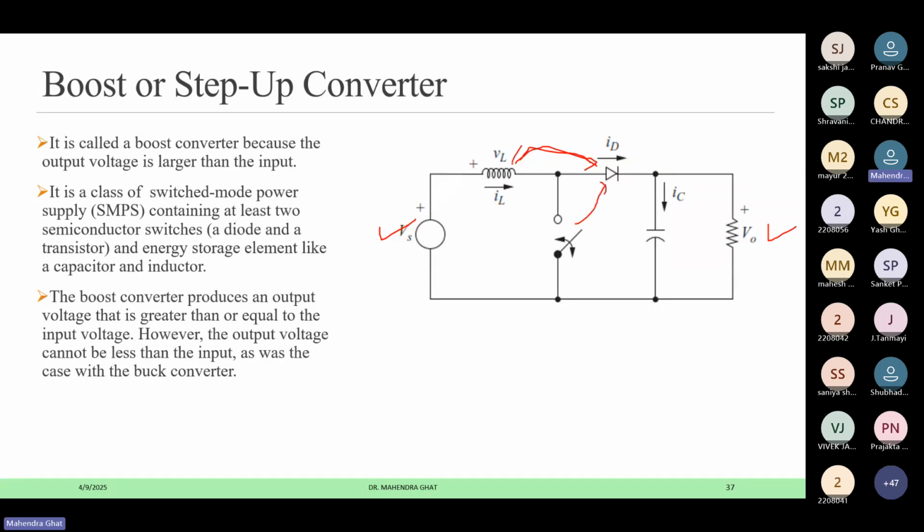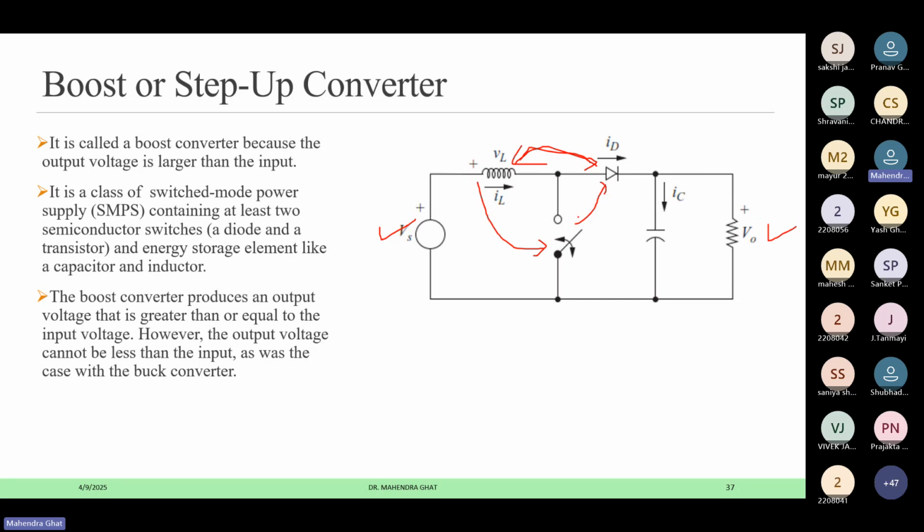The diode is shifted from this position to this one, and the switch is shifted from this position to this position. So this round of shifting has been done: the switch came from here to here, the diode went from here to here, and the inductor came from here to here.